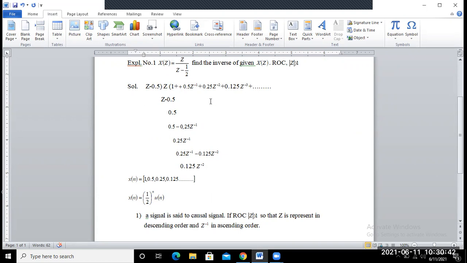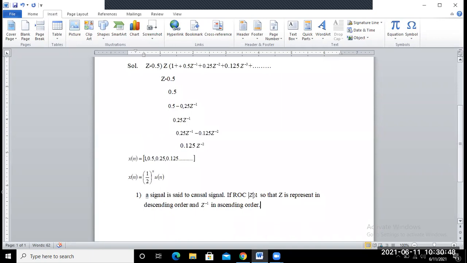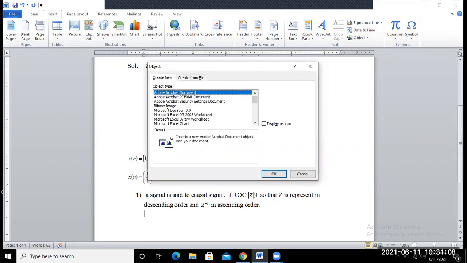Next, the second point: you may not represent this term in this fashion. This representation may be wrong if X(z) is represented in this fashion.